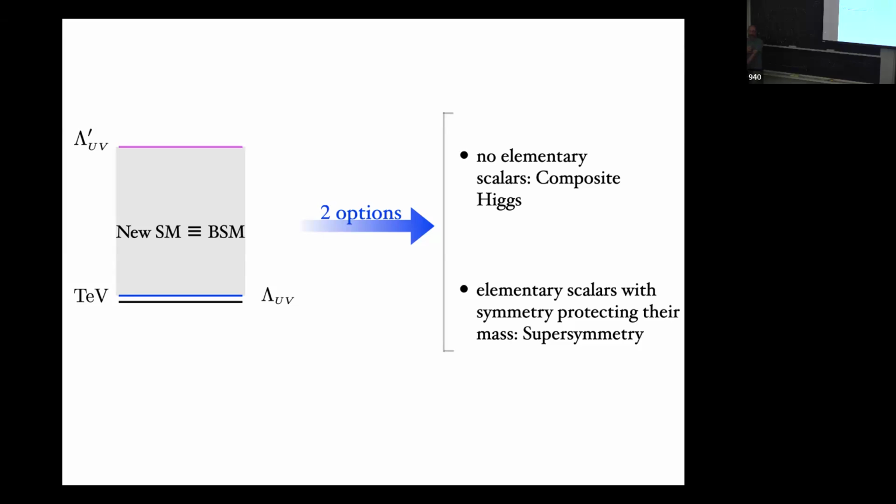In other words, the theory that replaces the standard model above the weak scale does not possess an operator like the Higgs mass. It doesn't possess operators of dimension strictly less than 4. In the case of supersymmetry, the theory does possess scalars. In fact, it possesses plenty of scalars. However, there exists a symmetry which makes the possibility of having those masses small natural.